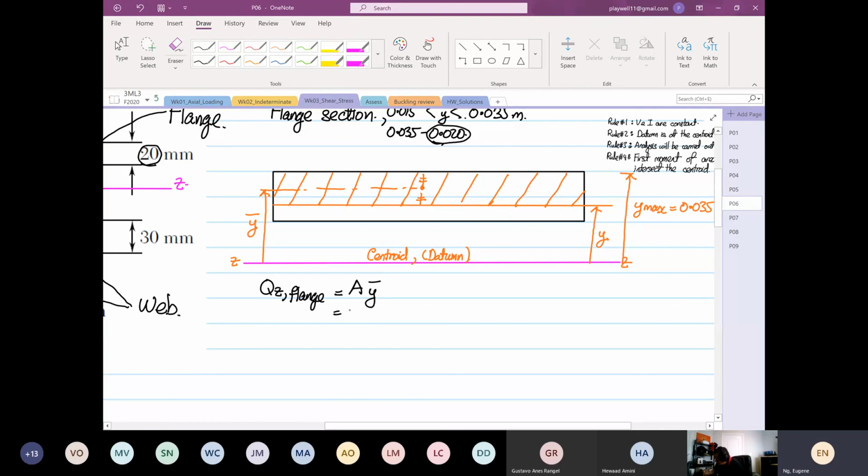We take width multiplied by depth multiplied by y bar. So we know a single value down here, the distance from here to here.